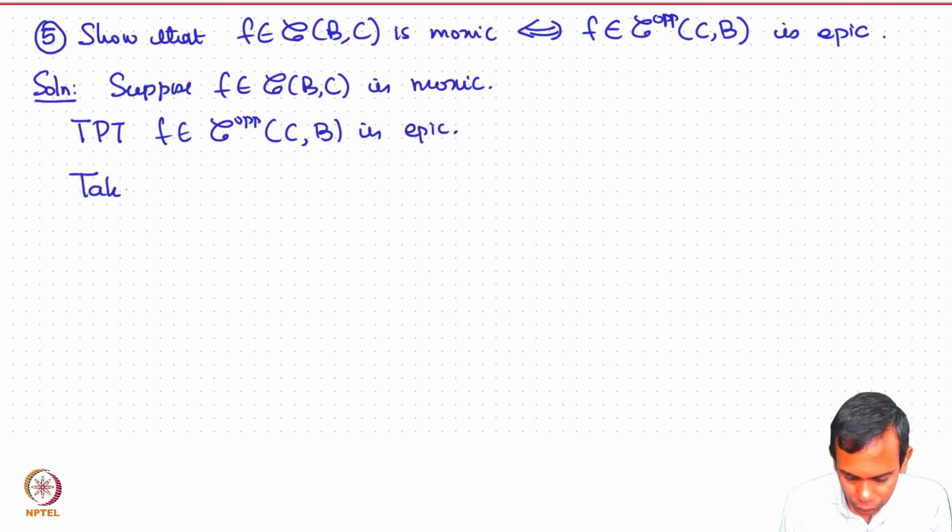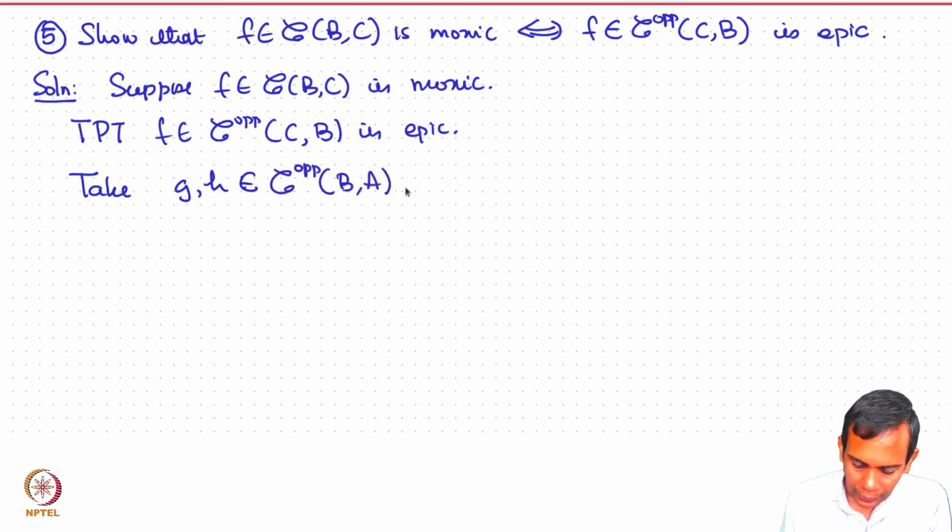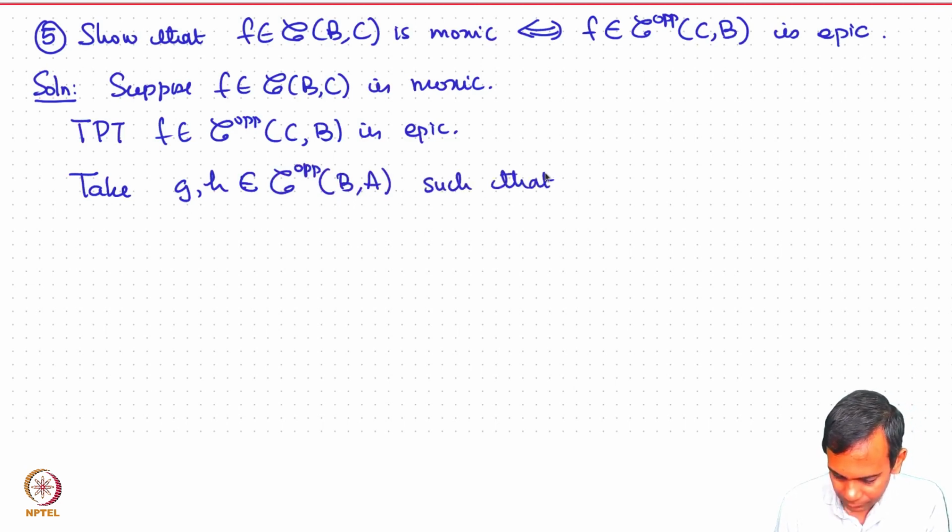So take any two arrows, G and H, from B to A, such that G circle F is equal to H circle F, and this is the composition in C op.